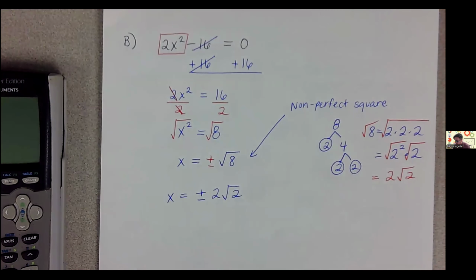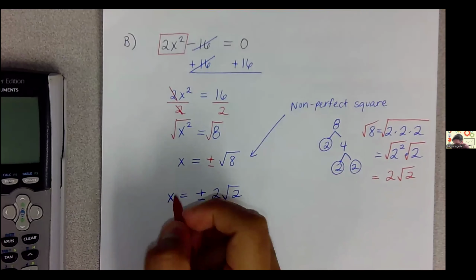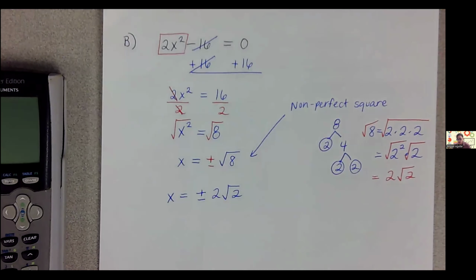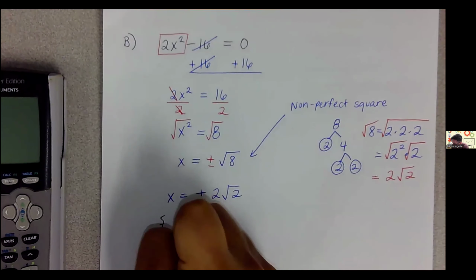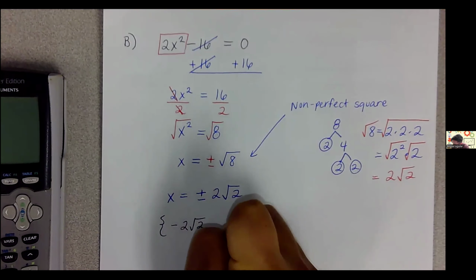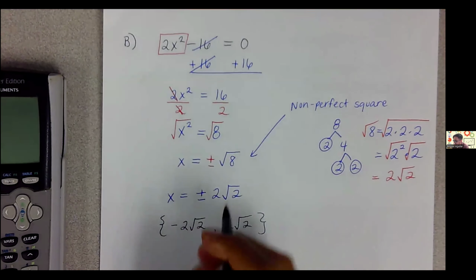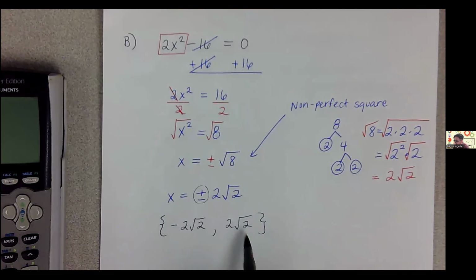You can express that as plus or minus 2 root 2, or if you want to see it written out in its entirety, the two solutions are going to be negative 2 root 2 and positive 2 root 2. Remember, that's what plus or minus means: we have a positive version of that solution and a negative version of that solution. But there we go. We have our two solutions, so we should be good since our quadratics mostly yield two solutions.